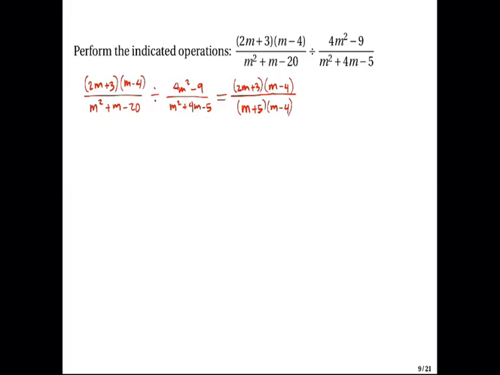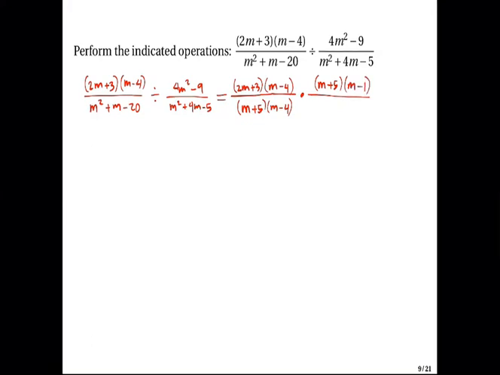And then times, so we get the reciprocal. So in the numerator here, it's this m squared plus 4m minus 5. And again, I'm going to factor that now. The factors will be m plus 5 times m minus 1.